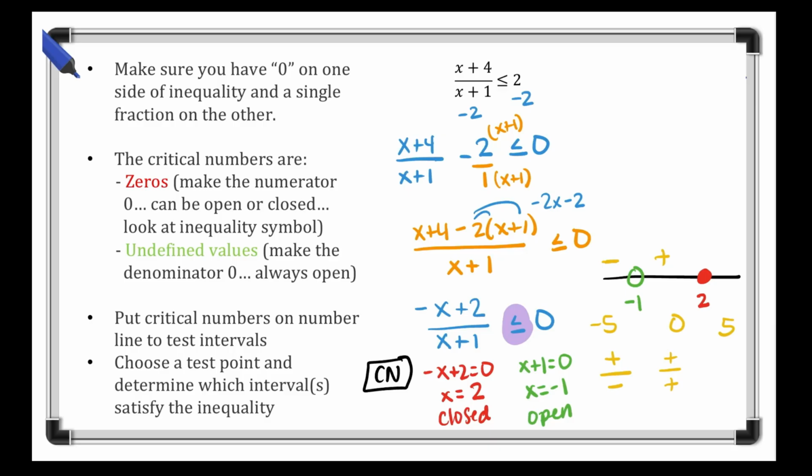We're going to get negative 5 plus 2, that's a negative, over a positive, which will again give you a negative. Looking at your less than, your inequality, you're looking at 2 intervals this time. So when we look at our interval answer, you're going to get negative infinity, comma, negative 1, parenthesis, union, bracket 2, comma, infinity.